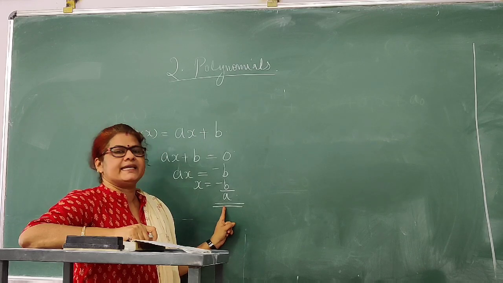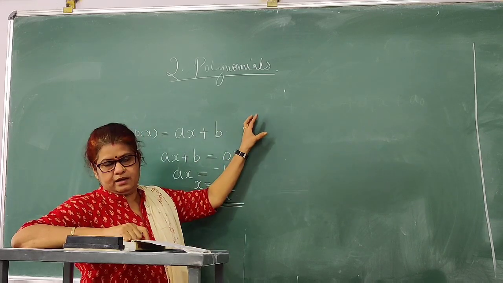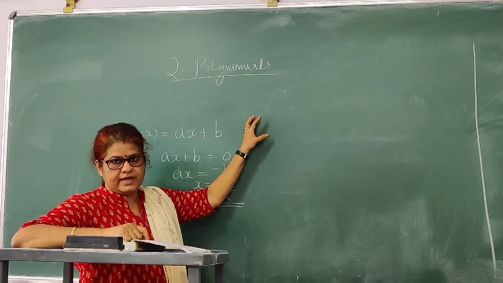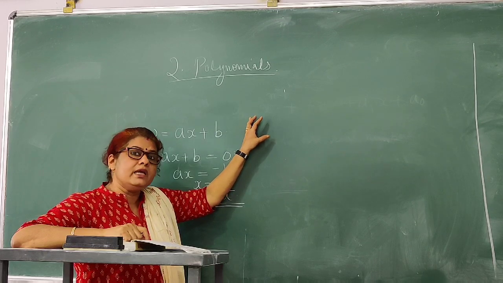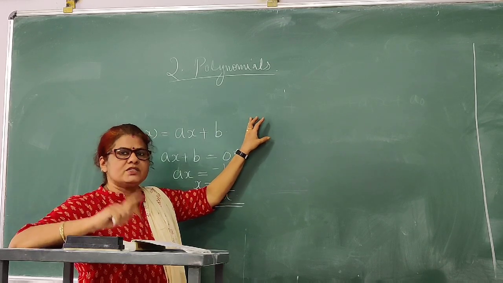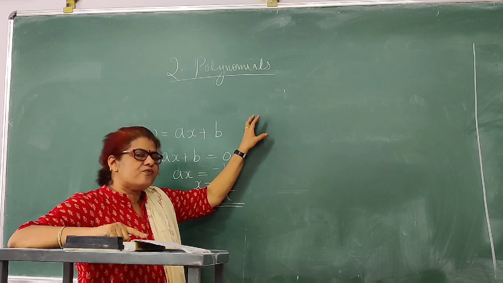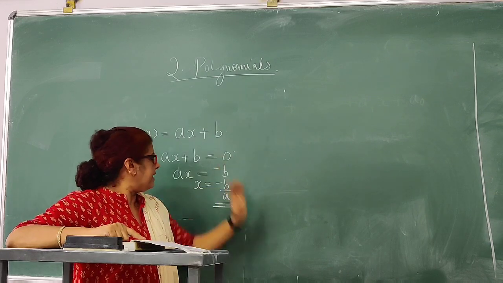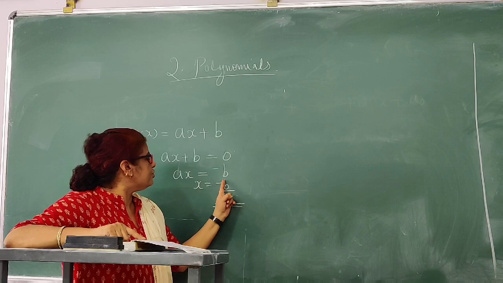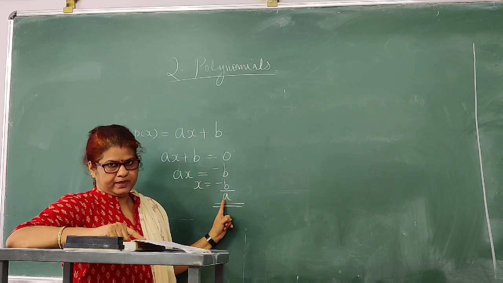And also we can say that a linear polynomial in one variable x has a unique zero. Unique means one and only one. Only one zero it has, and it is given by x equal to minus b by a.